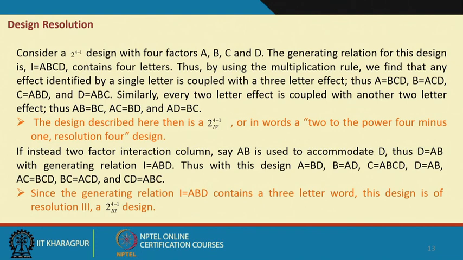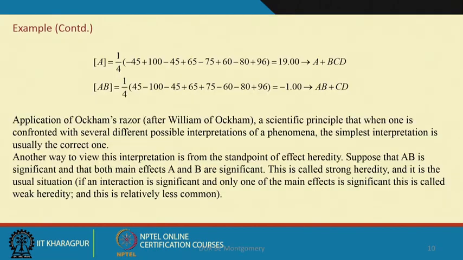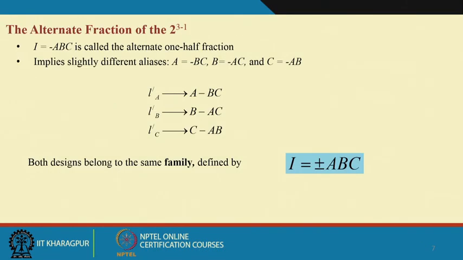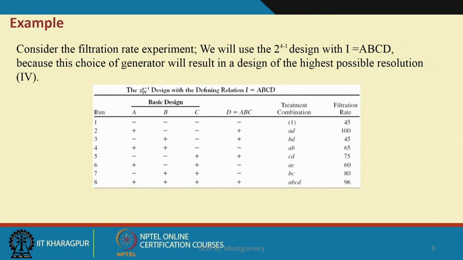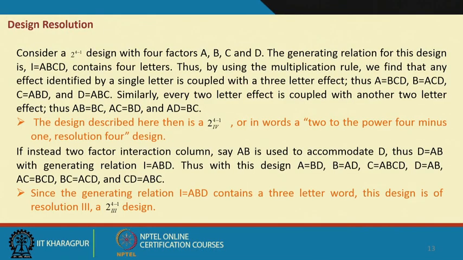The last concept in this lecture is the design resolution. Okay. You have seen the example with 4 factors, A, B, C, D. In this example, we considered 4 factors and I equal to ABCD is the defining relation. The generating relation or defining relation I equal to ABCD contains 4 letters.